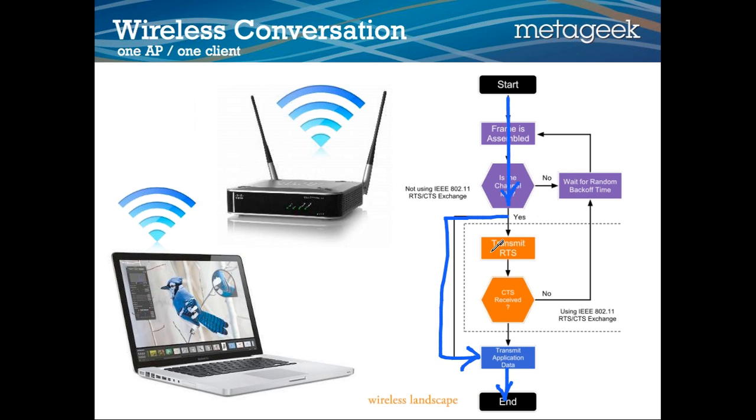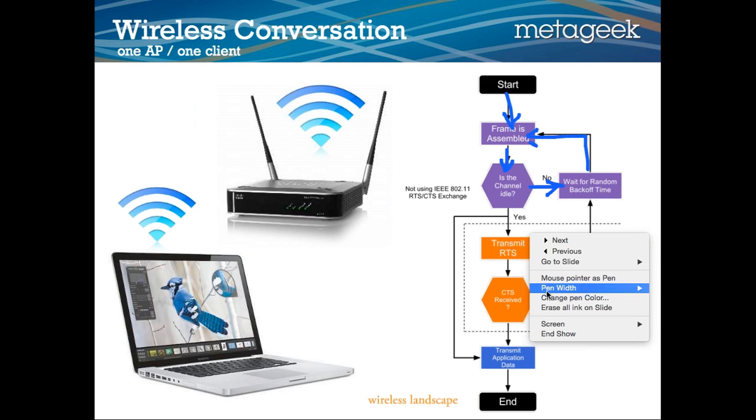If RTS-CTS is enabled, request to send and clear to send, then we've got a couple extra steps involved that we need to get through. So maybe we assemble our frame and we check to see if the channel is idle, and if it's not, we're going to wait our random amount of time, until finally we get an opportunity to talk.